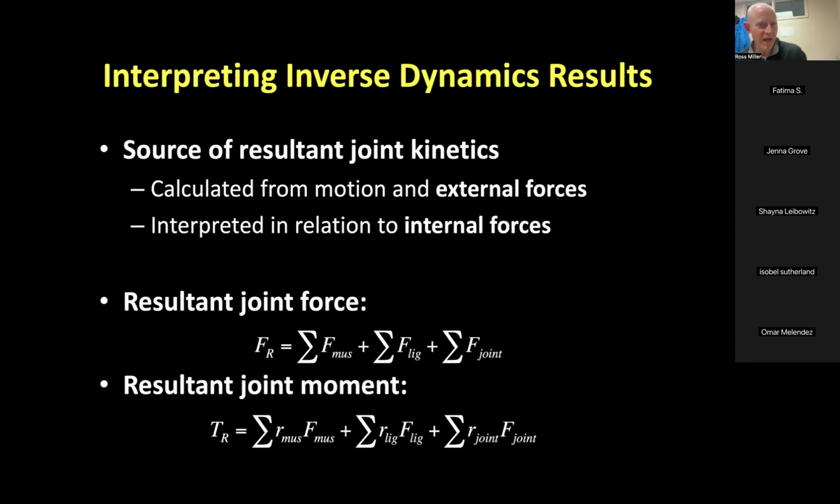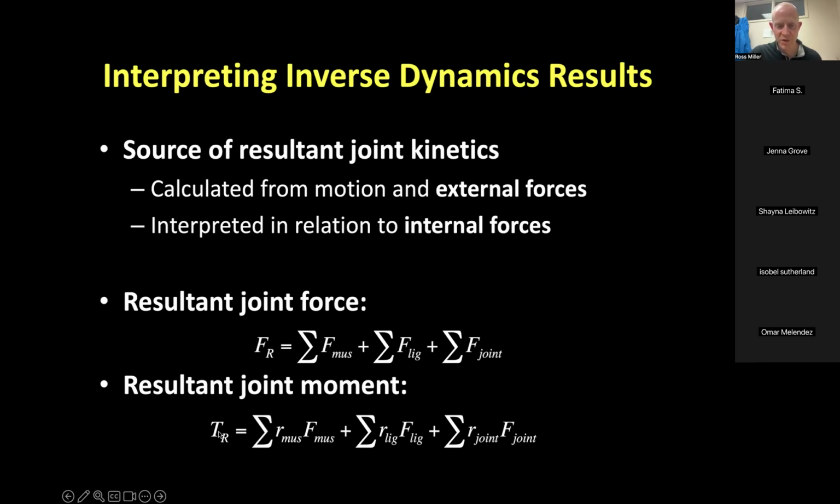So that was a long-winded way of describing in English how we can interpret these inverse dynamics resultants at the tissue level. Down here, I have a much shorter description in the language of math. So F_R, this net or resultant force that I calculate at the knee joint, or at any joint in inverse dynamics, is internally the sum of all the muscle forces at the knee, all the ligament forces at the knee, and all the contact forces at the knee.